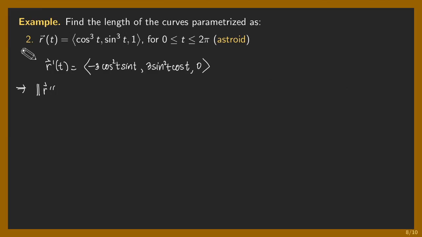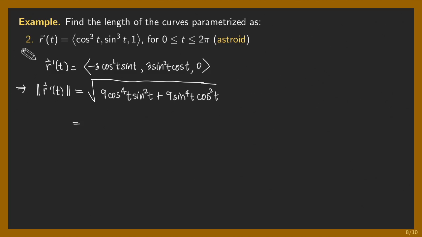The norm is the square root of 9 cosine to the 4th t sine squared t, plus 9 sine to the 4th t cosine squared t, plus 0.